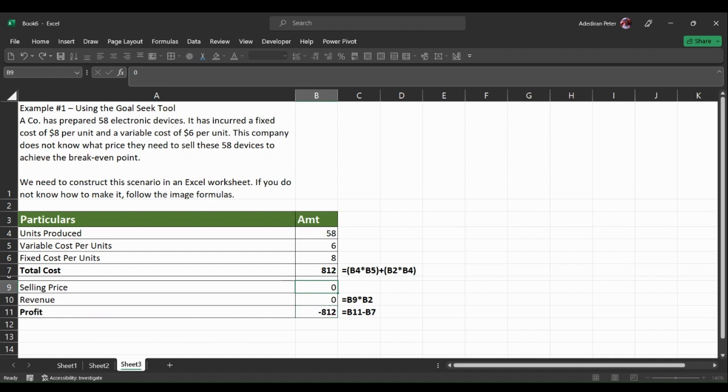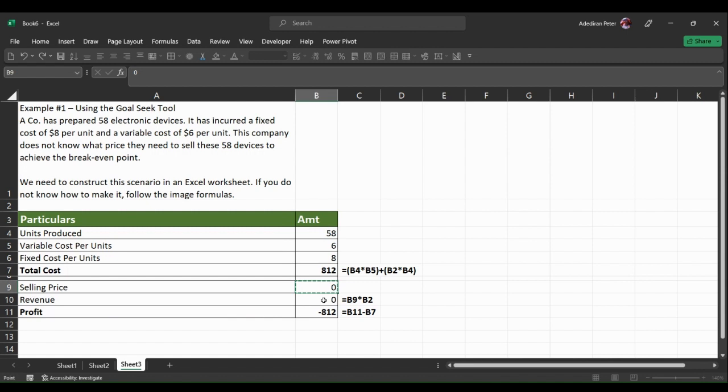The profit cell is going to be zero at the end of our goal seeking, while the by changing cell is the selling price. So at the end of our goal seeking, we're going to have a selling price figure here. And we're also going to have our revenue.